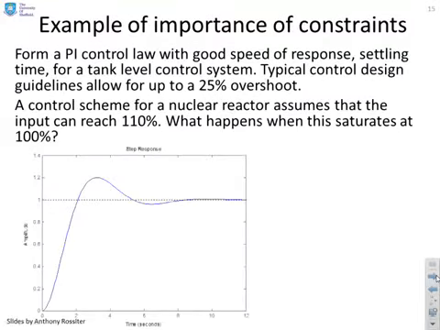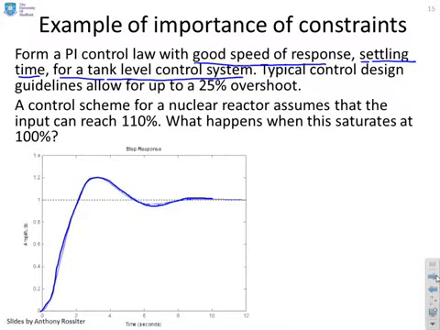So here's an example. I want you to form a PI control law which gives you a good speed of response, a good settling time, and we'll implement it on a tank level control system. And here you see I've given one and it says, yeah, it's not too bad, it's given roughly 25% overshoot, a bit of oscillation, but it's smooth, and if I implement that most of the time, I'm very, very happy.